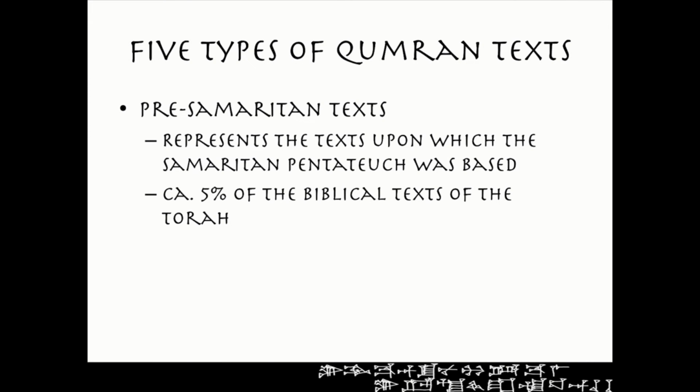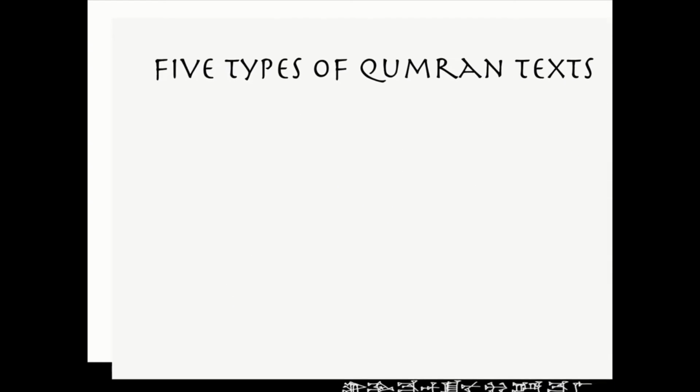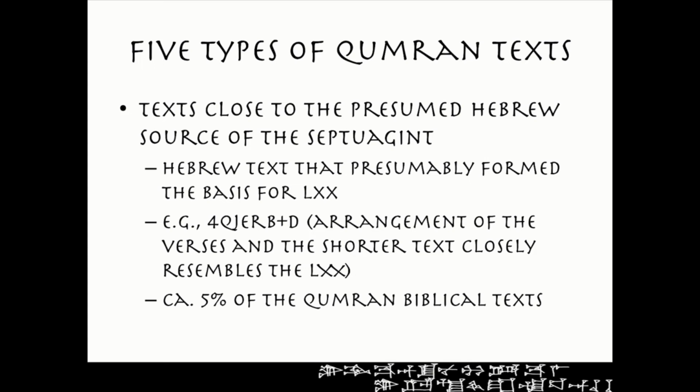The pre-Samaritan texts represent the texts upon which the Samaritan Pentateuch was based. These make up approximately 5% of the biblical texts of the Torah there at the site. The fourth group of texts are those that are close to the presumed Hebrew source for the Septuagint. So the Hebrew texts that presumably form the basis of the Septuagint, the Greek translation of the Old Testament.